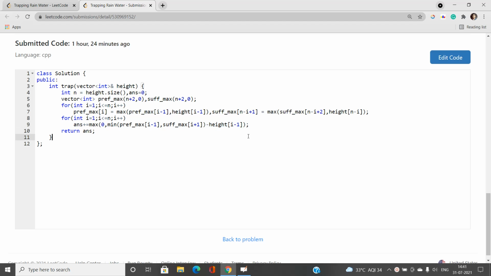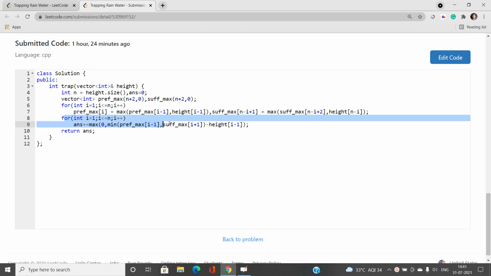As I've already explained why I put the value equal to 0, for answering a particular wall, you need to subtract the height of the wall also, because water is being accumulated at the top of the wall. And return the answer finally after iterating for all the walls.